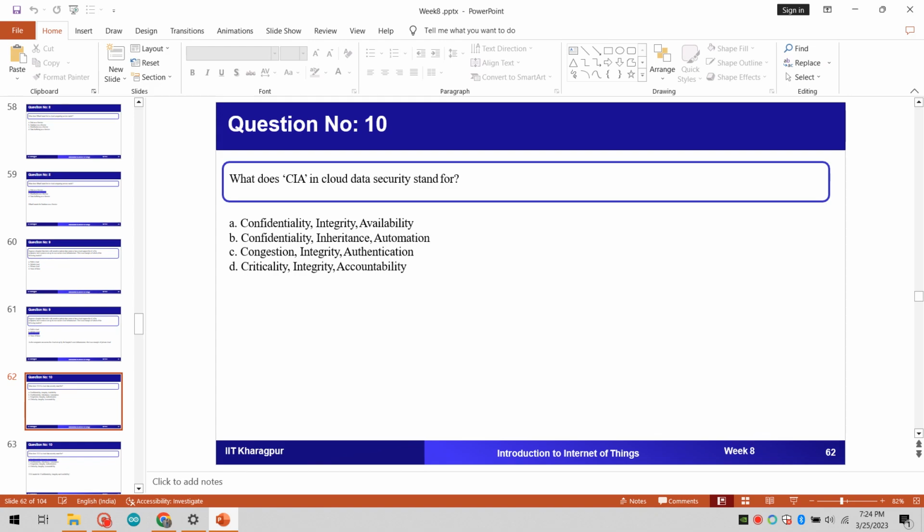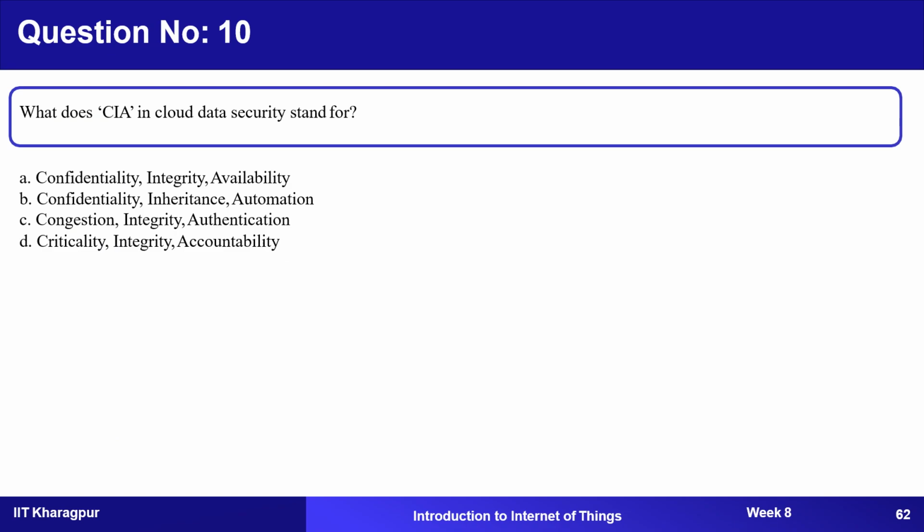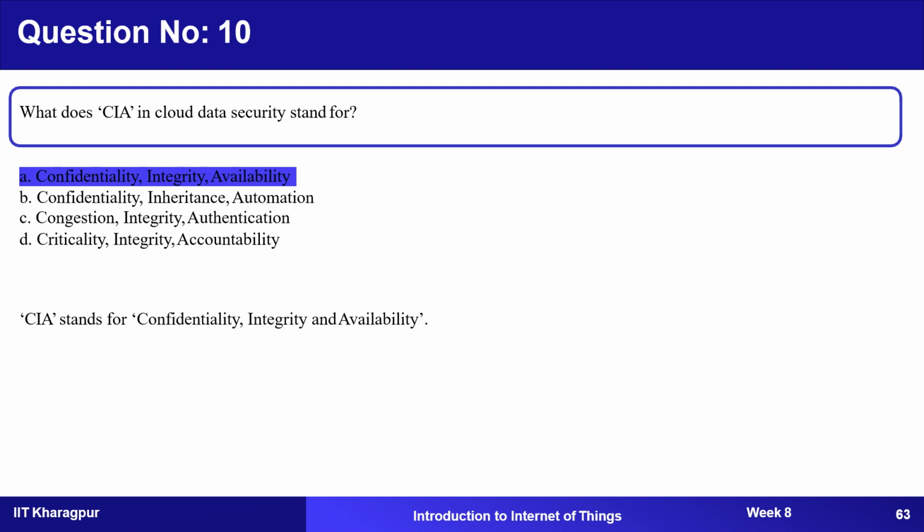Then next is confidentiality, inheritance, automation, then congestion, integrity, authentication. Next is criticality, integrity, accountability. So the correct option for this is confidentiality, integrity, availability.